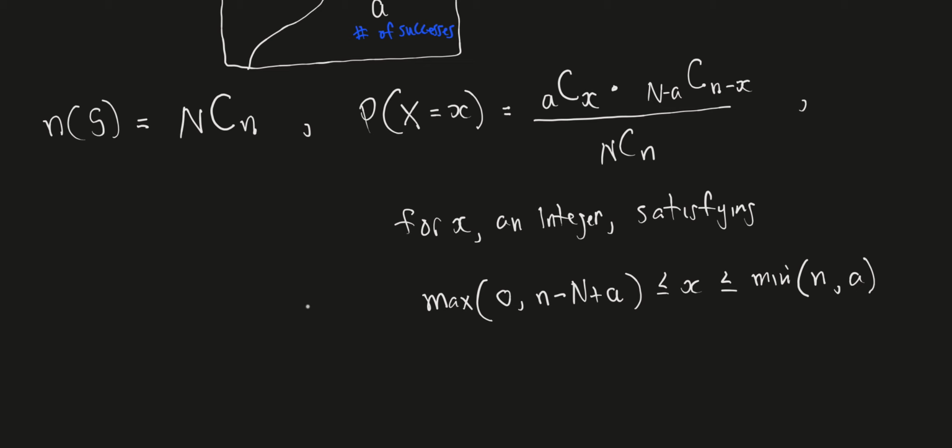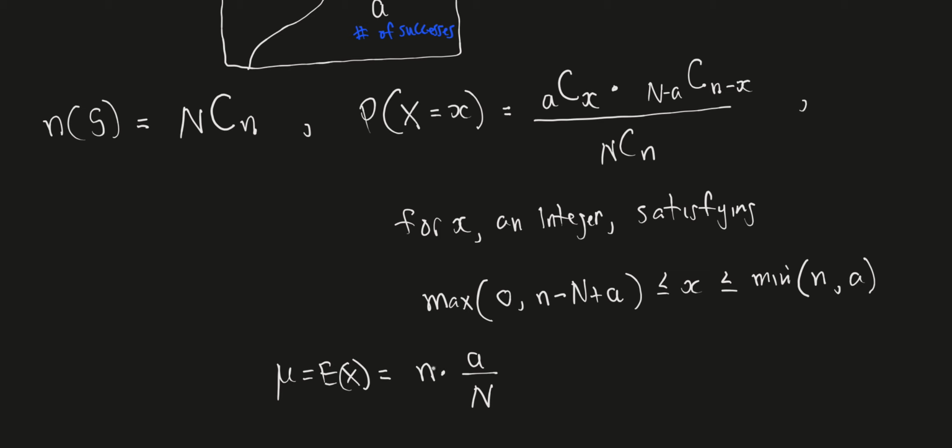And the mean, or our expected value of x, how many successes do we expect? Well, the mean is actually fairly easy. It's n times, where n is the number of trials, the proportion of successes, which is A out of big N. And that's the formula.